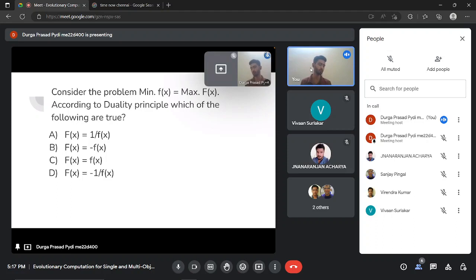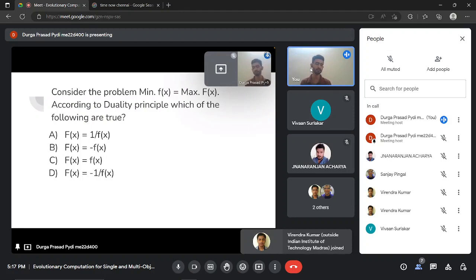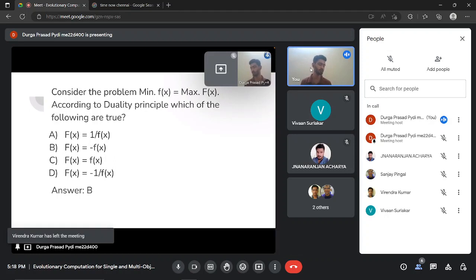Say you want to minimize some f of x and its value is 0, then maximizing the reciprocal just goes to infinity, and it is not possible to represent that quantity numerically in a computer in a digital format. So we usually use the second option.